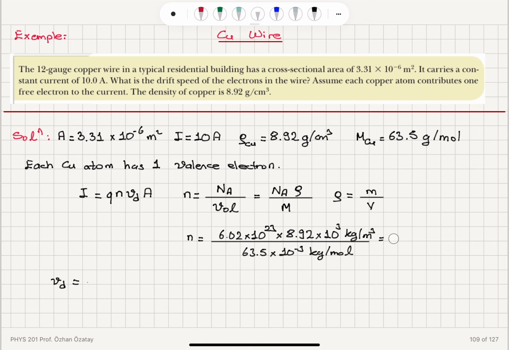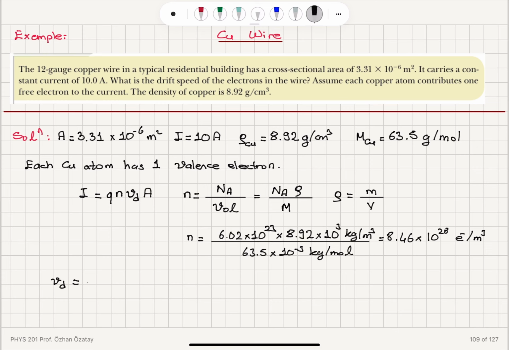So this will become, if you calculate it, 8.46 times 10 to 28 electrons per meter cube. That is the electron density.